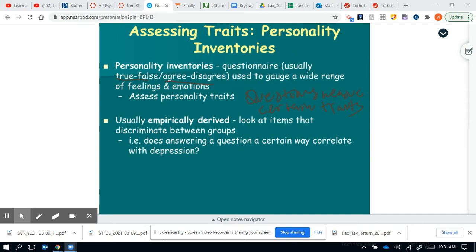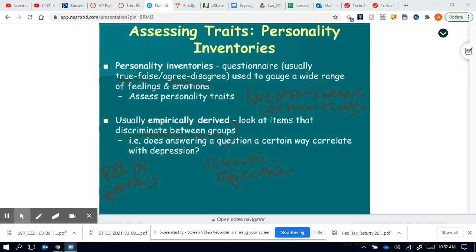These tests, at least when they are legit, are what is called empirically derived. Empirically derived means that it is scientific and objective. The way they do this is they give you a pool of questions, and then they see which questions discriminate between different groups.